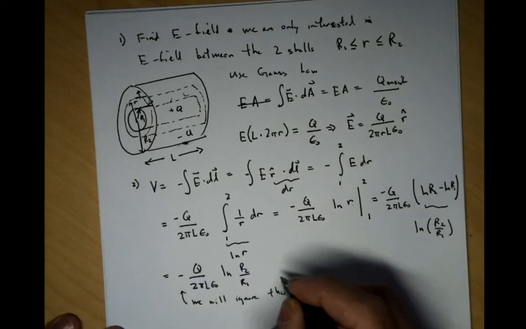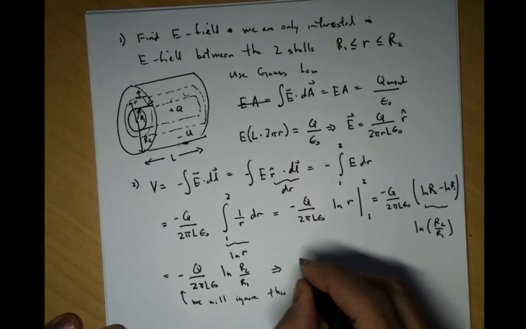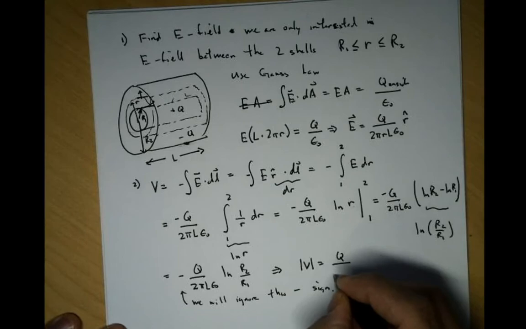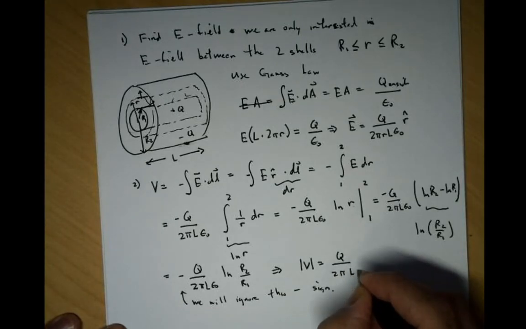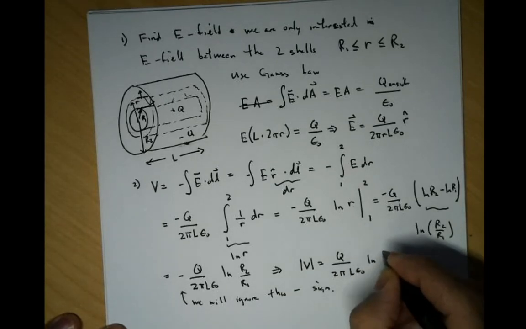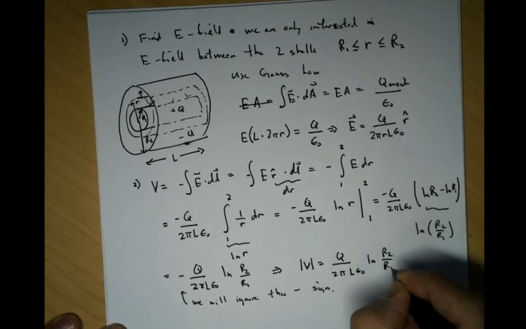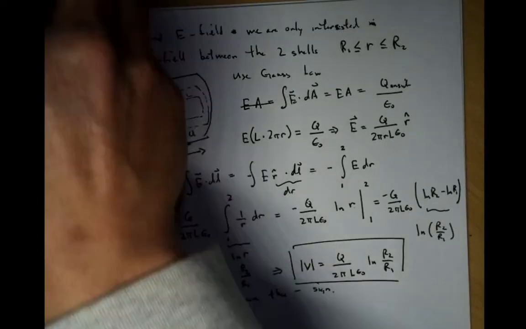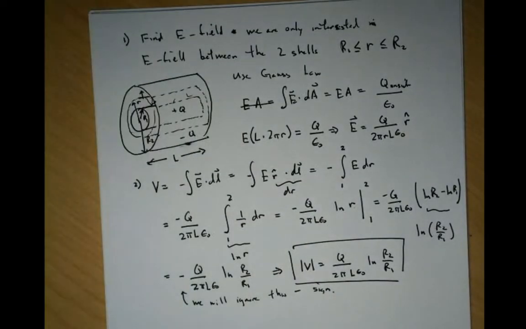That implies I get basically the absolute value of V, which is what I really care about, Q over 2 pi L epsilon naught, logarithm of R2 over R1. So I got part 2.